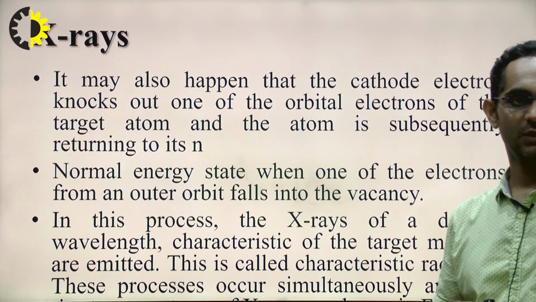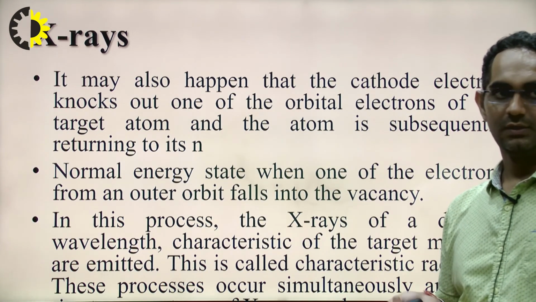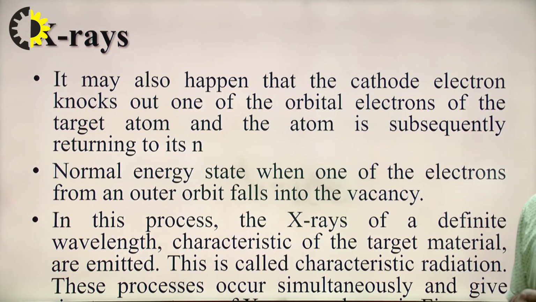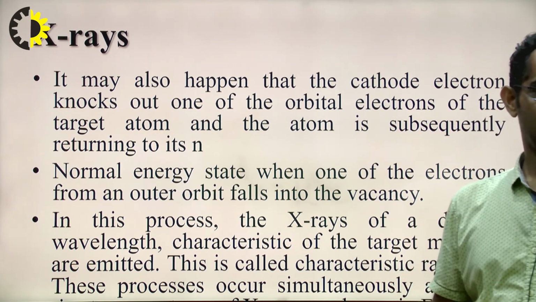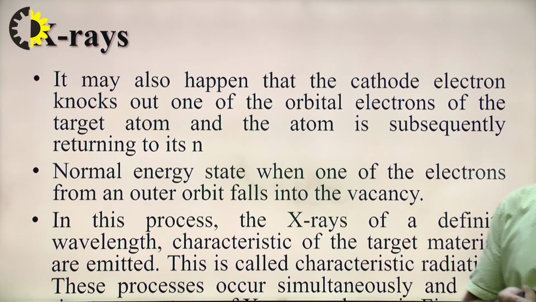In this process, X-rays of a definite wavelength, characteristic of the target material, are emitted. This is called the characteristic radiation.